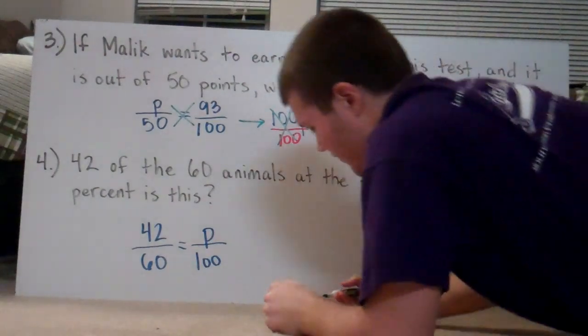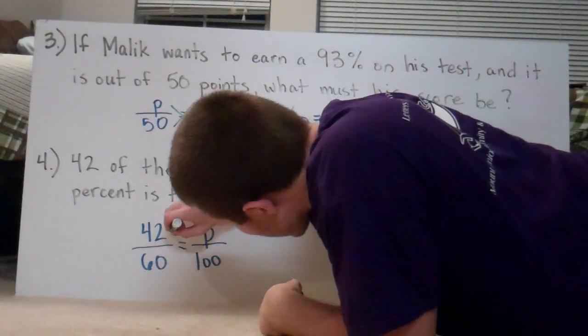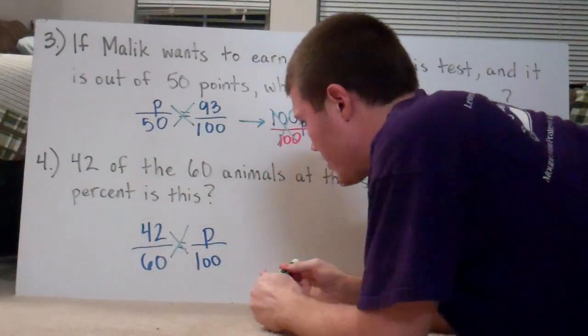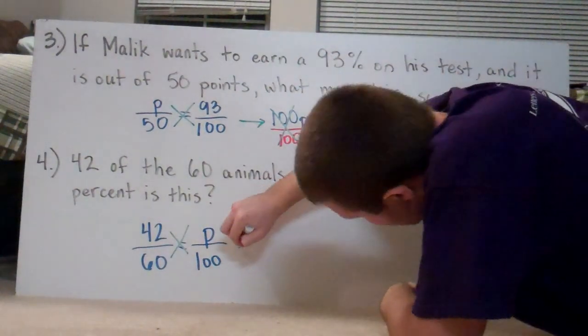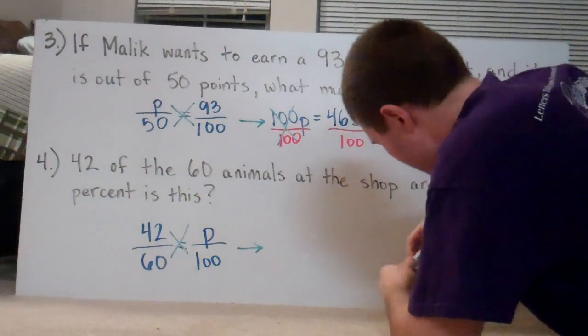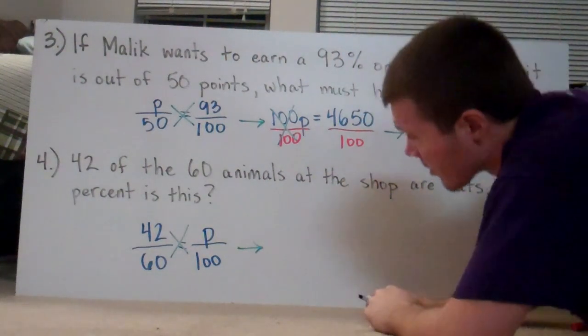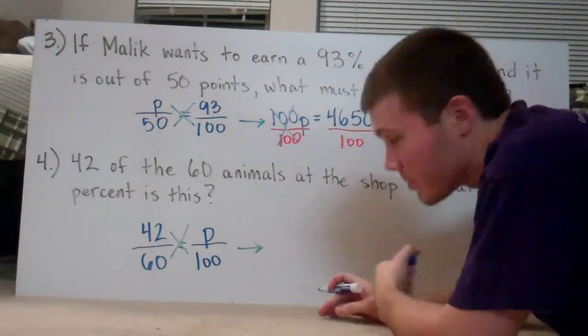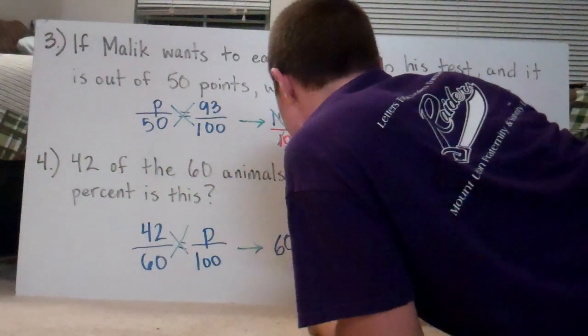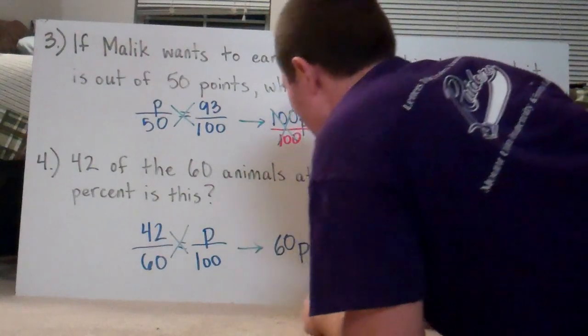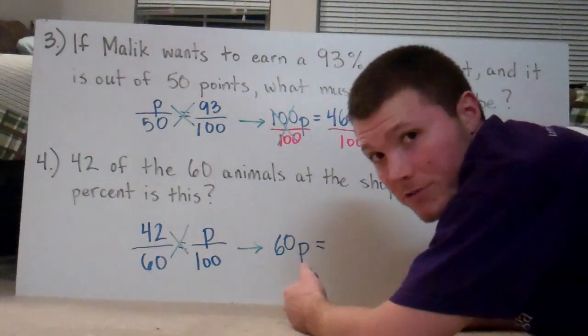So cross multiply. Bring my work over here. 60 times P is 60P. And 42 times 100 is 4,200.